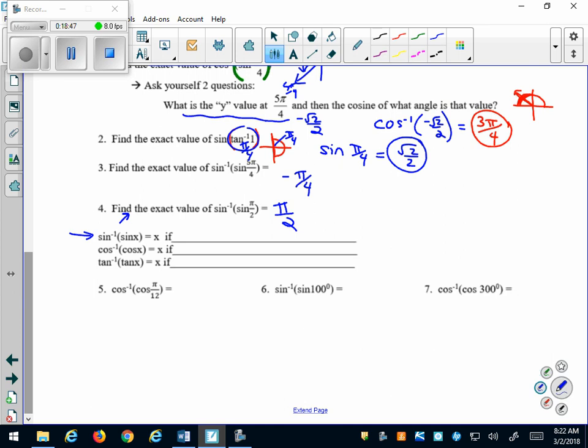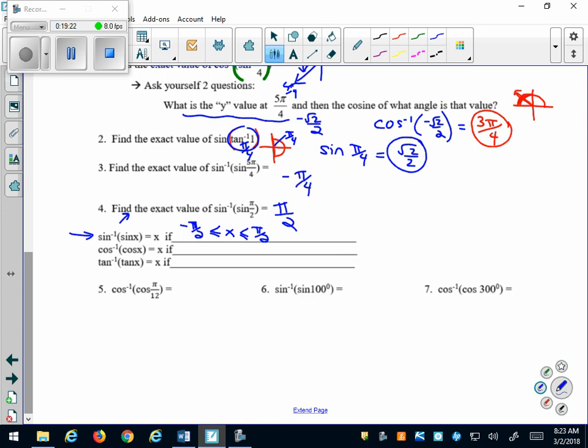The inverse sine of the sine of something just equals that something. If, what does that x have to be between? If it's sine, if it comes within our restricted negative pi over 2 to pi over 2. Right? If it's in that restricted domain of sine, then the inverses will undo each other.